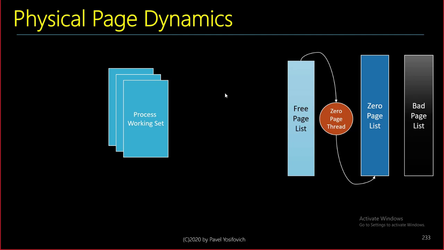In this case, the memory manager will take a page from the free page list and zero it out explicitly at that point and then hand it back to the process. So even if the zero page thread is not allowed to run for a while, even if the zero page list is zeroed out, that is, there are no more pages there, there's no way a process can get a garbage page using VirtualAlloc.